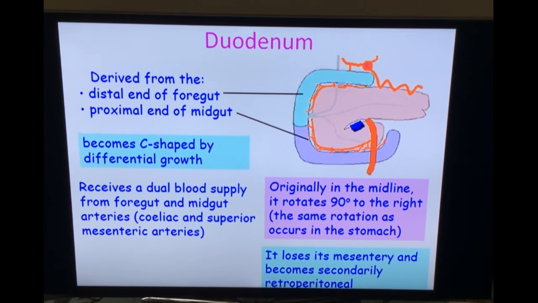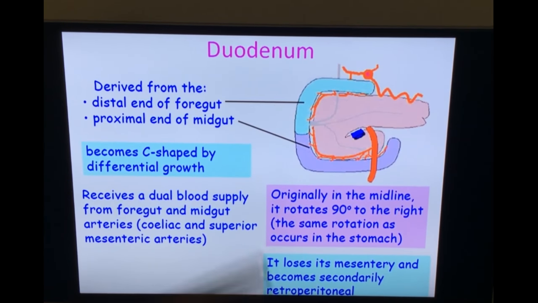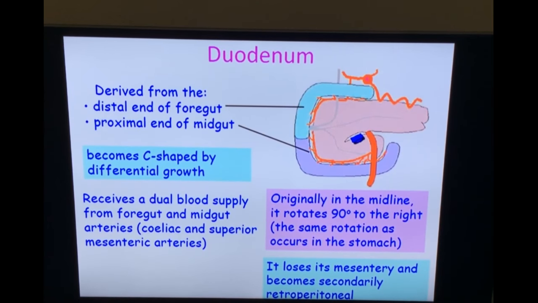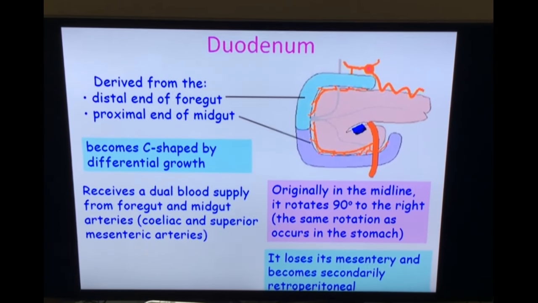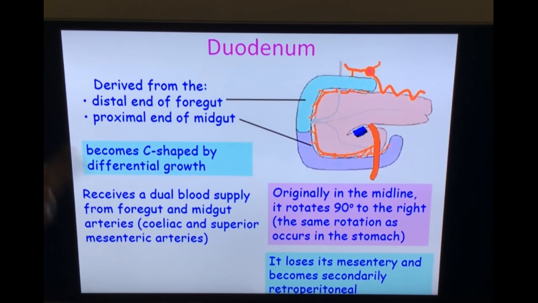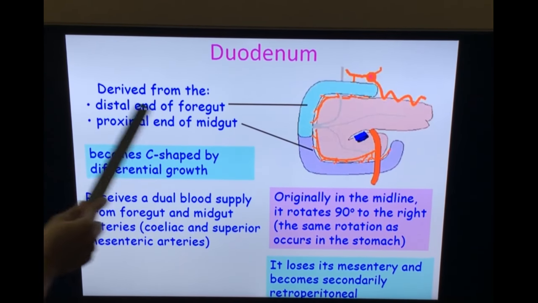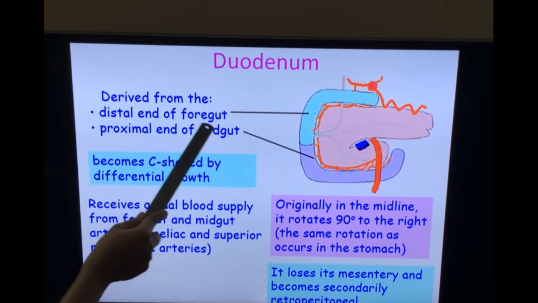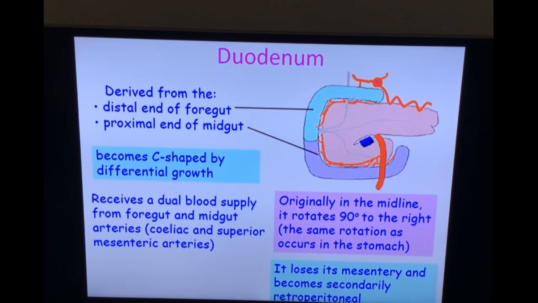That's why the duodenum gets branches both from the celiac trunk and from the superior mesenteric artery, because it is contributed by both the foregut and the midgut. This part, shown with the arrow, is derived from the distal end of the foregut, and this part is from the proximal end of the midgut.